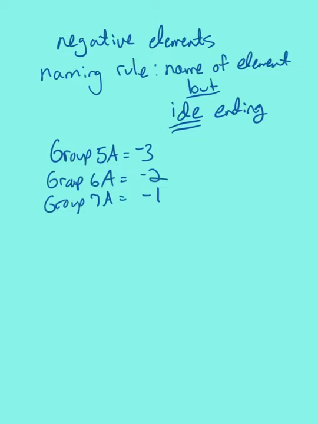Then there are a few others that I want you to know. We have carbide is -4. Boride is -3. And hydride is -1.